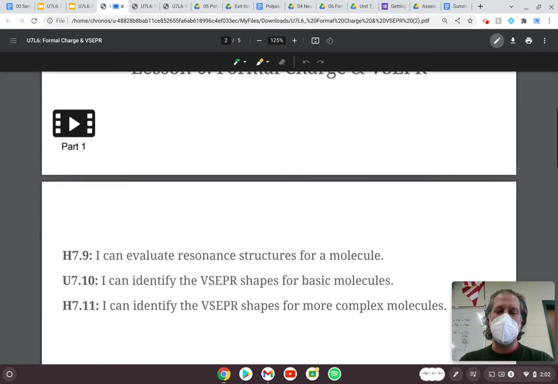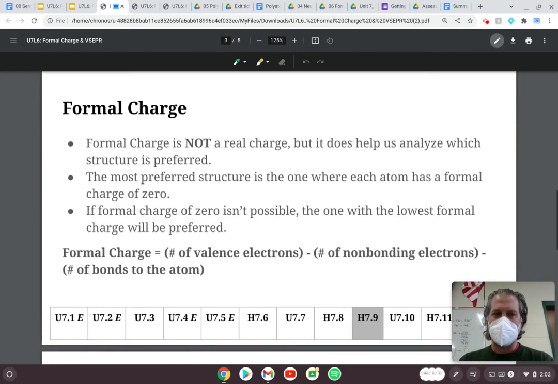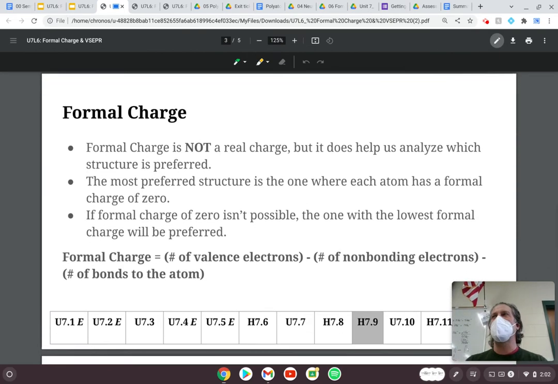Now, the issue is that not every one of those drawings is the best possible drawing. There is a way for us to figure out what the best possible drawing is, and the way that we do that is with something called formal charge.